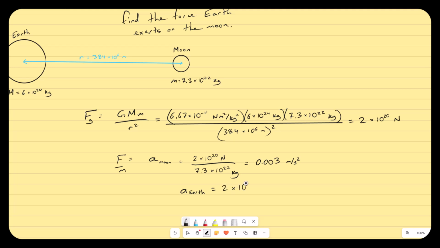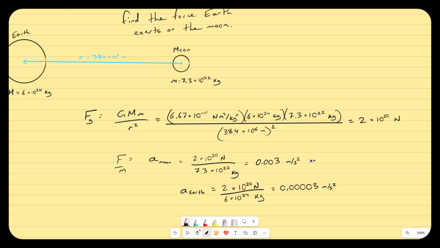We've got the same force. Newton's third law says we get the same force, but now we're dividing by 6 times 10 to the 24th kilograms. So the force that the Earth feels from the moon is also big, but the acceleration that the Earth experiences due to the moon is even smaller. It's going to be 0.003 meters per second squared.